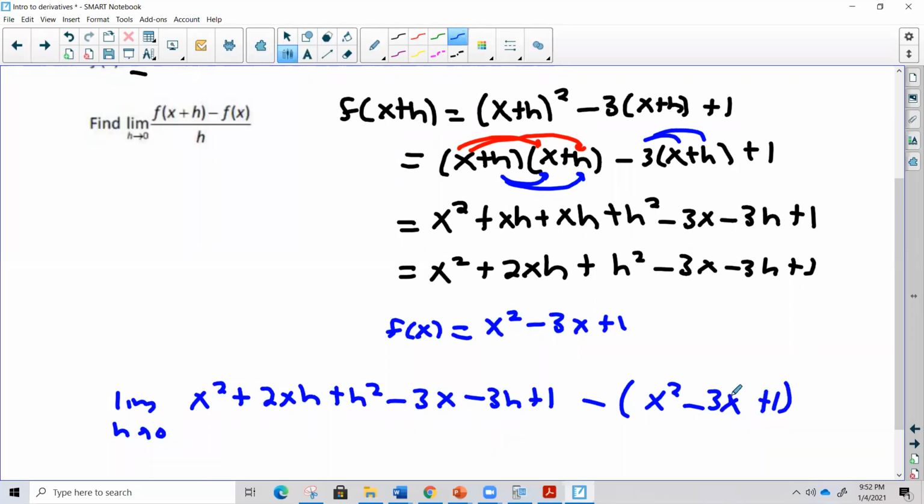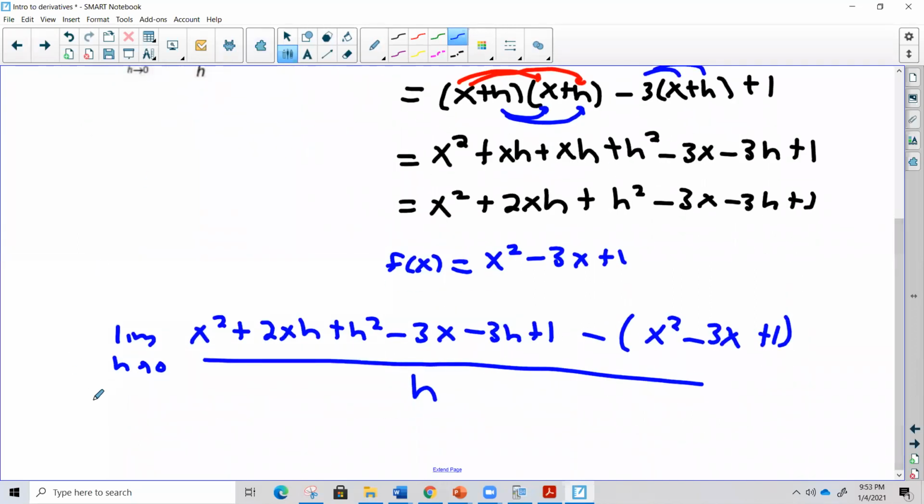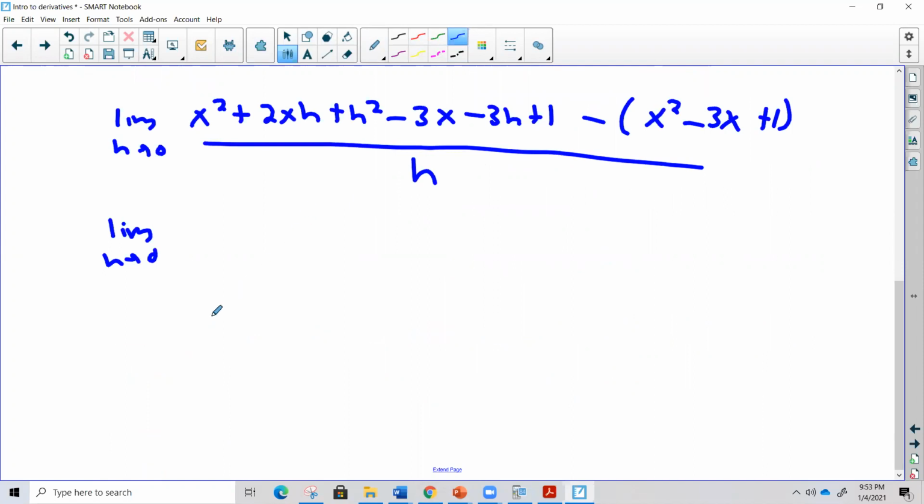Okay, so I'm doing minus x squared minus 3x plus 1 all over h. So then I want to simplify anything I can, because again, if you just initially plug in your 0, you will get 0 over 0. You can try it if you want, but you will get 0 over 0.